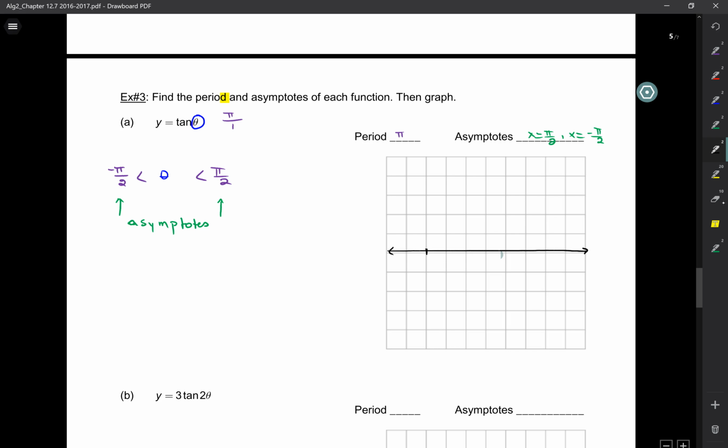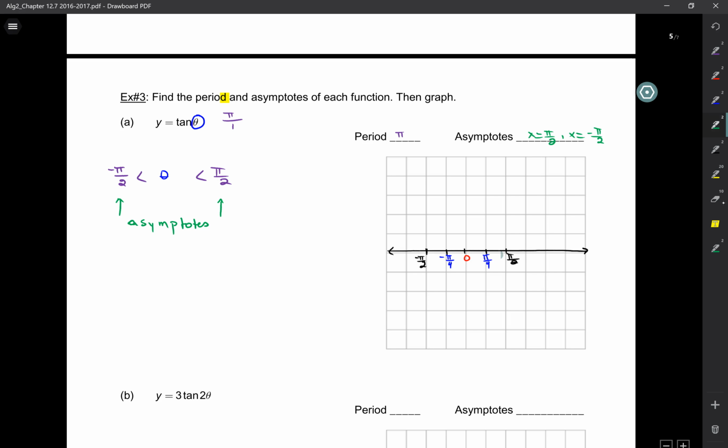So first we have negative pi over 2, and then I go over to pi over 2. Now, can I find the midpoint of those 2? What's the midpoint from negative pi over 2 to positive pi over 2? 0. Can I find the quarter point? Negative pi over 4, and this would be pi over 4.